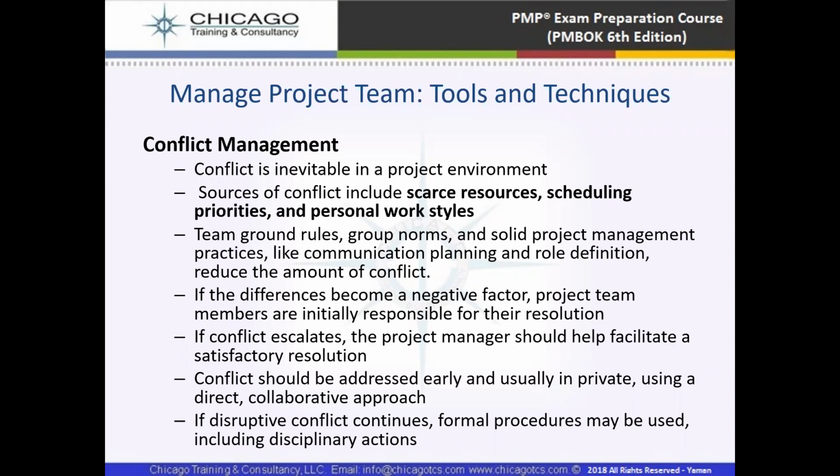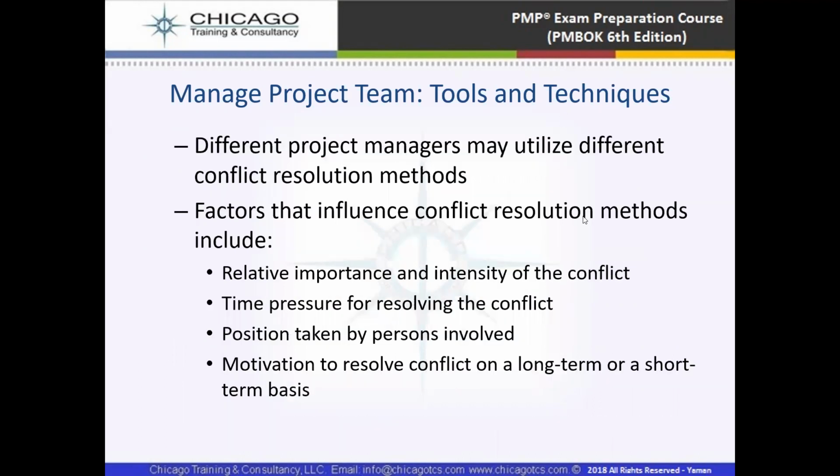So if the conflict continues, a formal procedure should be taken, and the formal decision should be a disciplinary action to resolve this conflict. Different managers may utilize different conflict resolution methods.